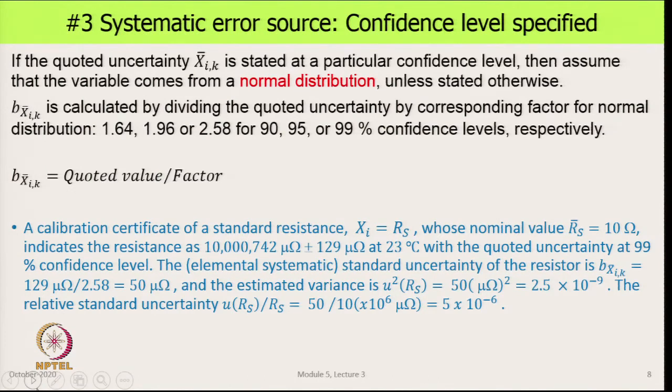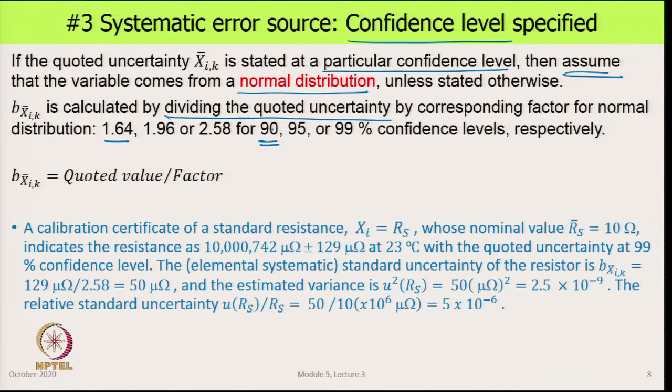Now, the third one, where we have been given the confidence level. If the quoted uncertainty is stated at a particular confidence level, then we assume that it is coming from a normal distribution unless otherwise stated, and all that we need to do is divide the quoted uncertainty by the corresponding factor for the normal distribution, which is 1.64 for 90% confidence level.